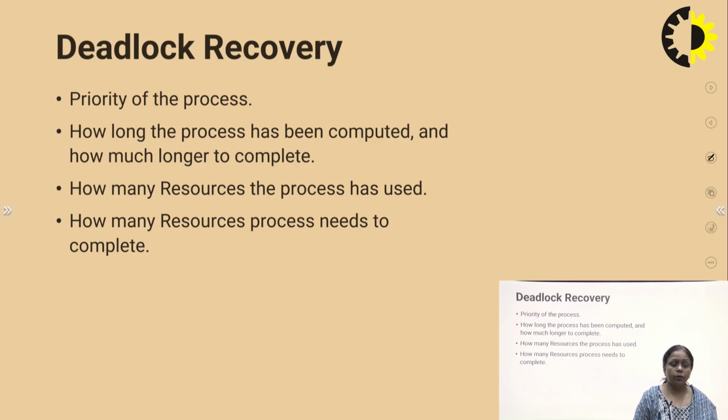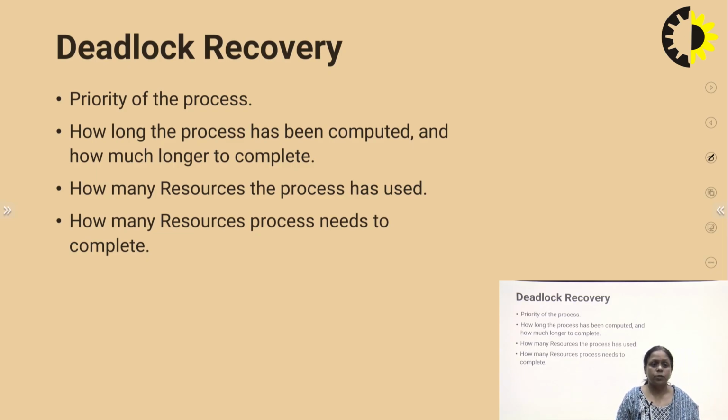It can depend on the priority of the process, how long the process has been computing, and how much longer it needs to complete. For example, if a process is 80% completed, then this process will not be killed. If a process is completed only 20%, then there are more chances to kill this type of process.